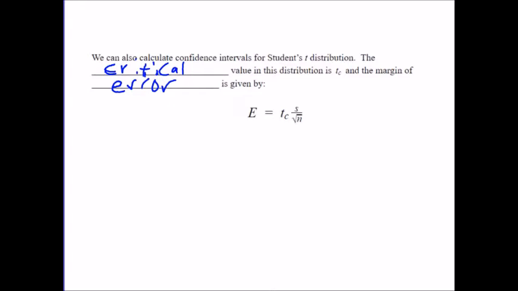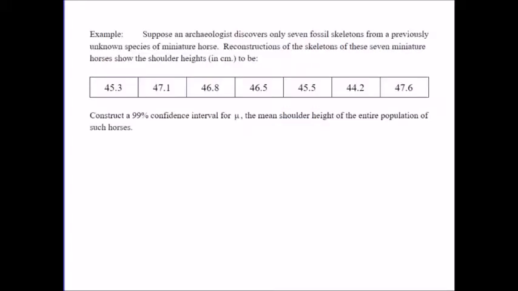Now, I believe for Unit 8, Section 1, I showed there was a supplemental showing you how to do this on a calculator. The same thing can be done with the t distribution, which I'll show you. So even though we can calculate this by hand, we're going to let the calculator do a lot of the work for us.